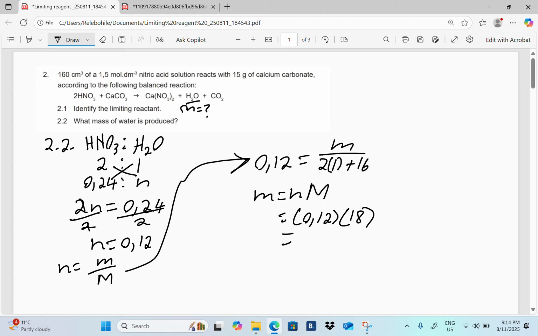Is this value correct? Okay, it is correct. The value I get is 2.16 grams. So this is the mass of water.